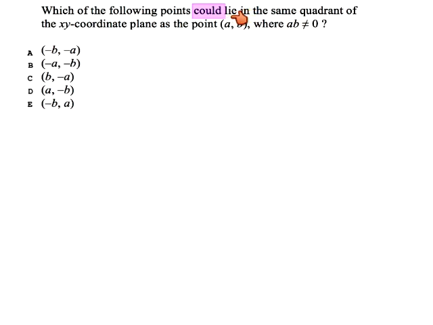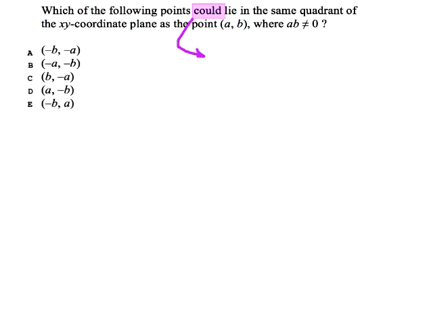Remember about this test, this problem is ours and not theirs, but we use language in the problems in the same way that they do. They don't use language in ways that are misleading. Meaning, as another example, if the question says, what is approximately blah, blah, blah, the answer is not going to be something like exactly 6. It's going to be an approximation. They're not going to kid you like that. Same thing, if it says could, then it really is could, meaning the answer is not going to be must.